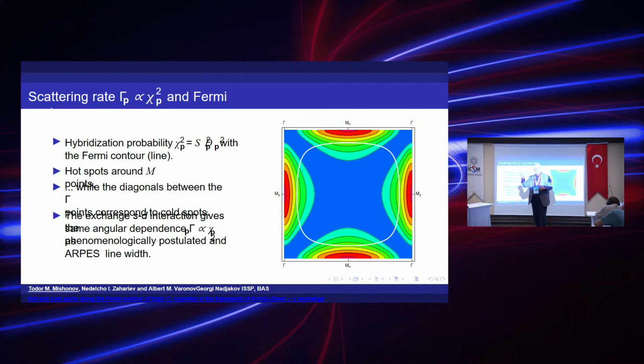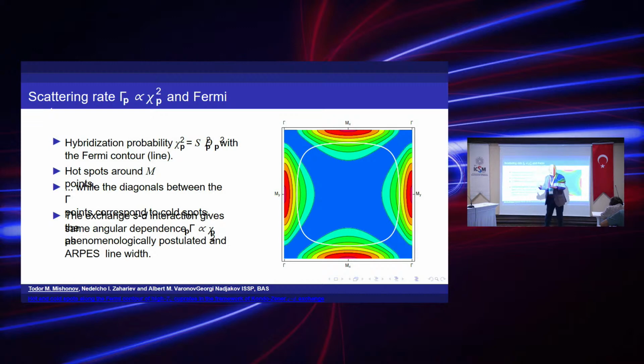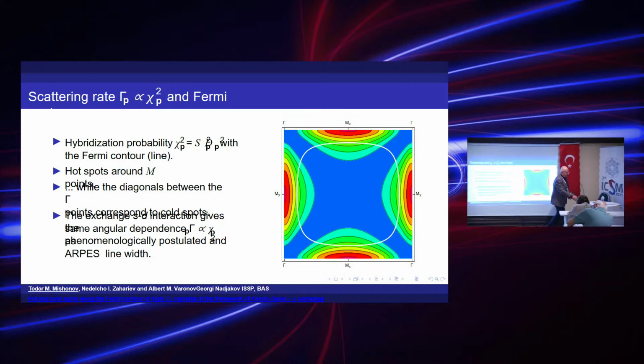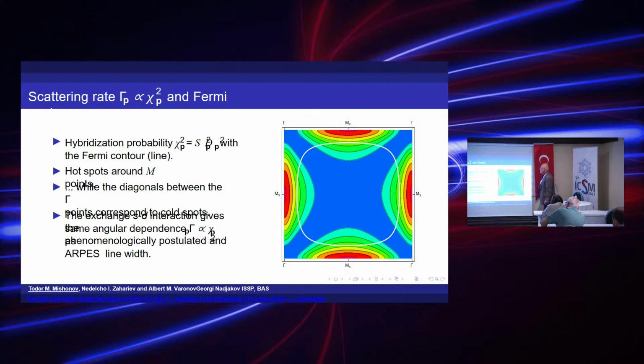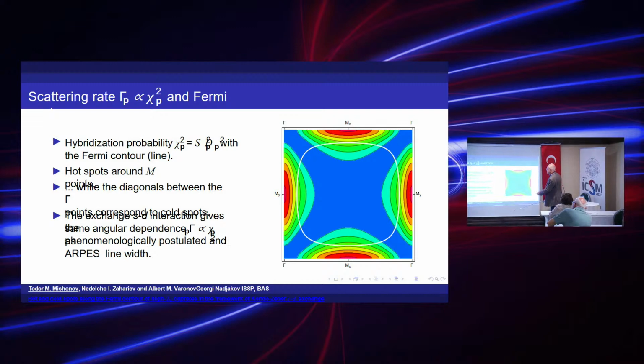We take the microscopic pairing Hamiltonian and put it in the old theory of Lord Rayleigh for scattering of waves by density fluctuations. And we succeed in describing the phenomenology of hot and cold spot regions.